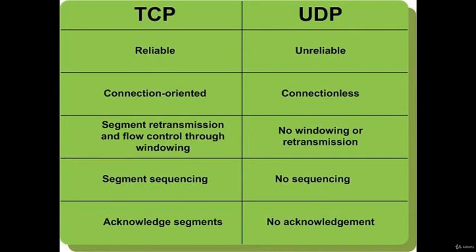Best effort means no guarantee at all: no congestion control, no flow control, no retransmission, no acknowledgement, no segmentation, no sequencing, and so on. So it is unreliable, but it is much faster. TCP is much safer but slower. UDP is much faster, but somewhat unsafe.